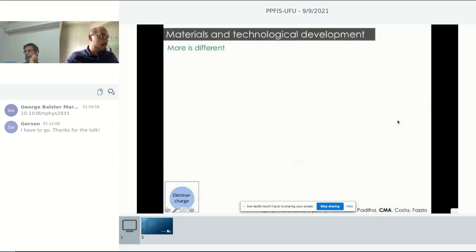Let me try to explain why this problem is important, why we would like to understand it. I'm going to start from the very beginning. I know that most of you are almost experts in this field. However, I would like to mention a couple of very basic things for students and people who are not very familiar with this field.